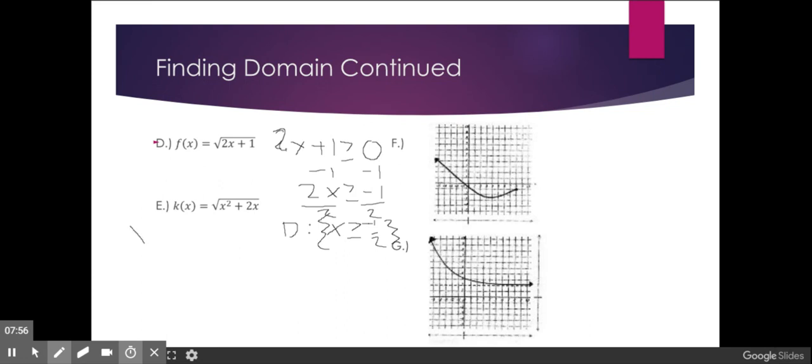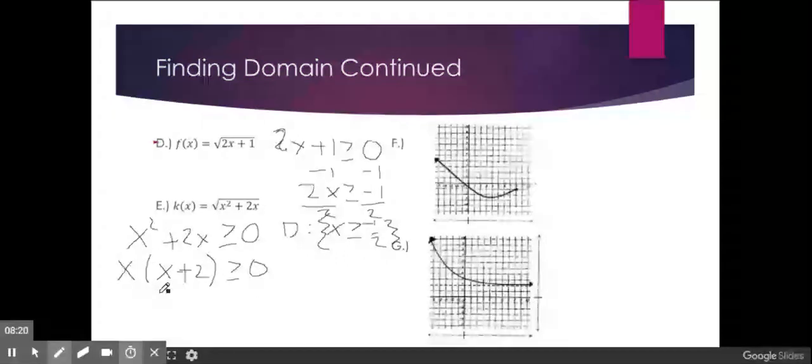We can do the same thing for this one. Now what's tricky about this one is we're going to have to factor. Anytime you have an x squared, you have to factor. In this case, we're going to pull out a GCF, and that greatest common factor is x. Whenever we factor, after we pull out a GCF or do binomials, we want to set each of these equal to, and in this case, greater than or equal to 0.